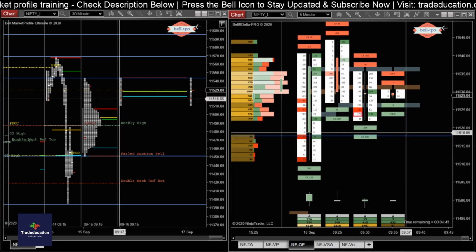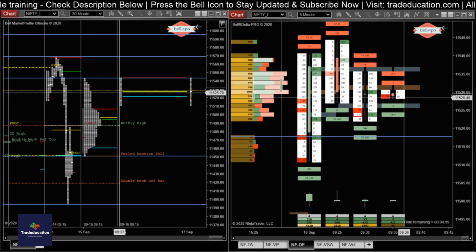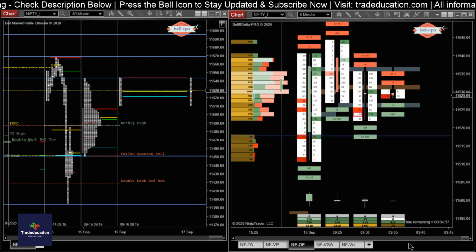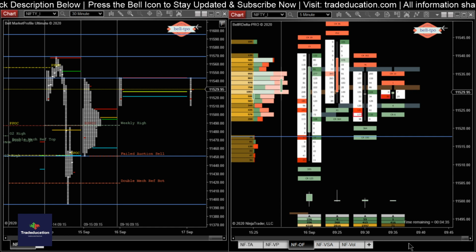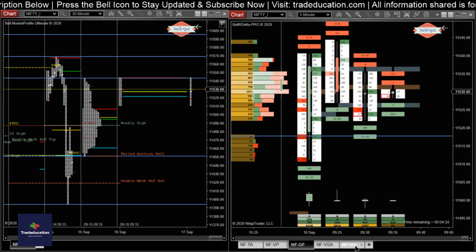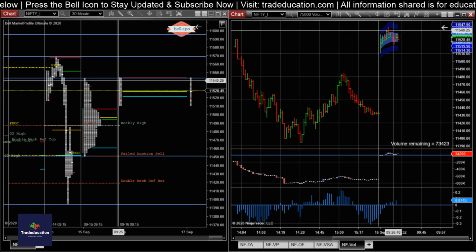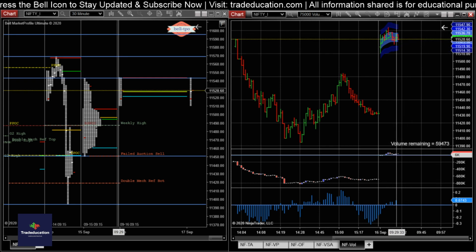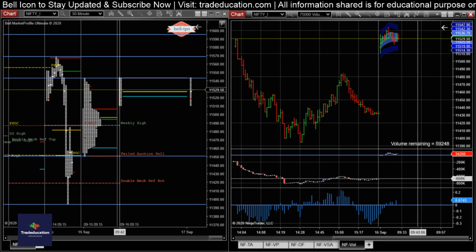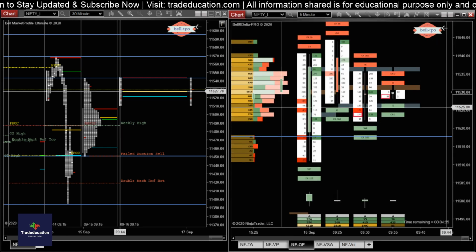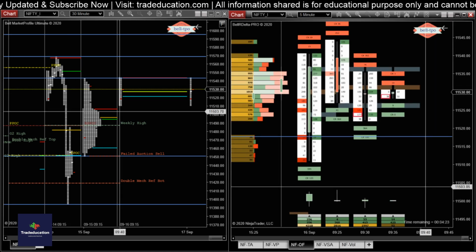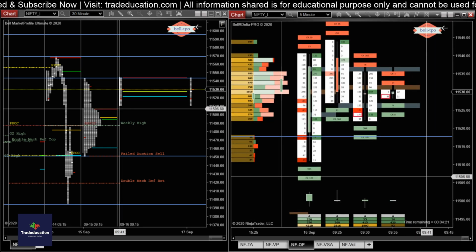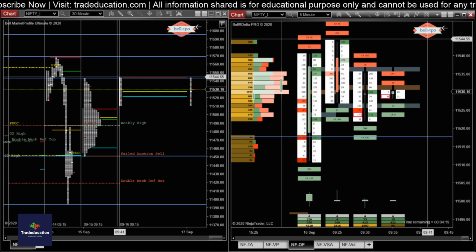Again, I'm just looking whether the stop loss gets hit or not. It's just chopping around the VWAP. Delta is positive, so odds are high for bullishness. From the buyers' perspective, buyers will be taking the auction higher.